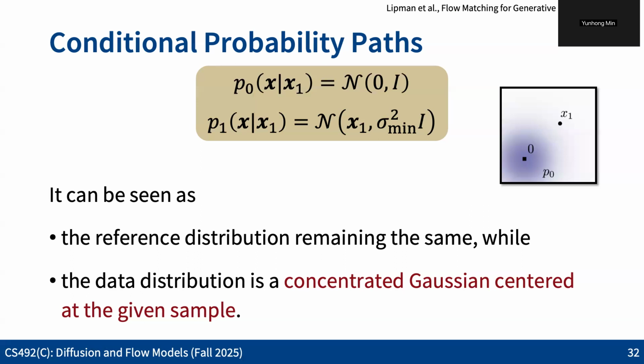Once we have the analytic form for the data distribution, we can derive the analytic form for the flow map and also the vector field. So all the computation becomes more tractable and feasible.